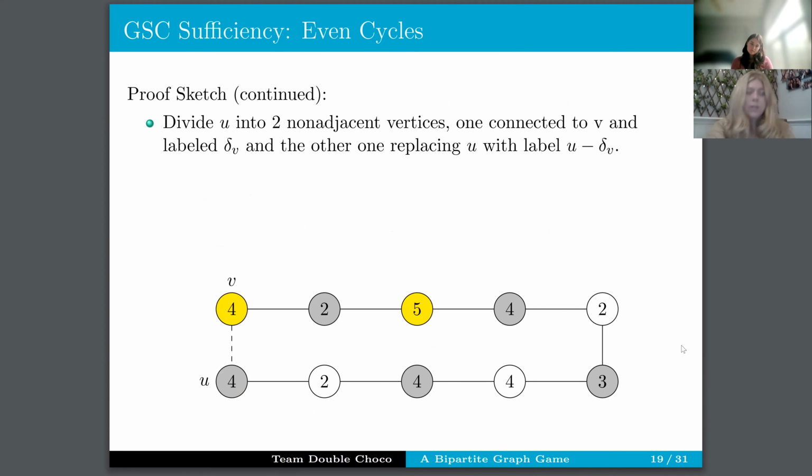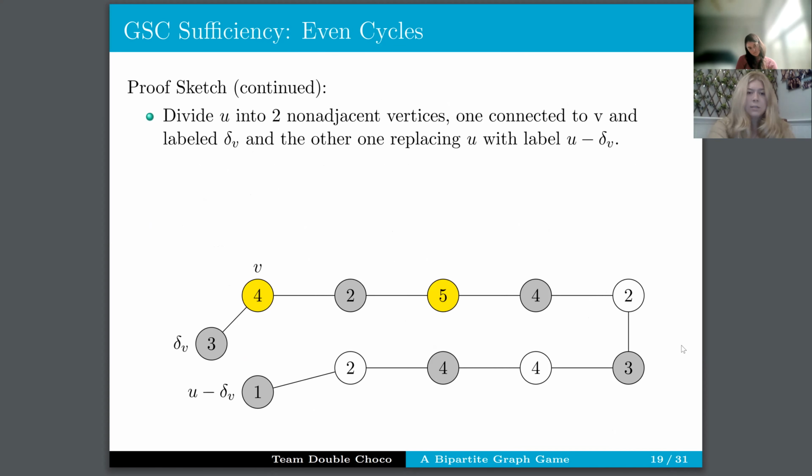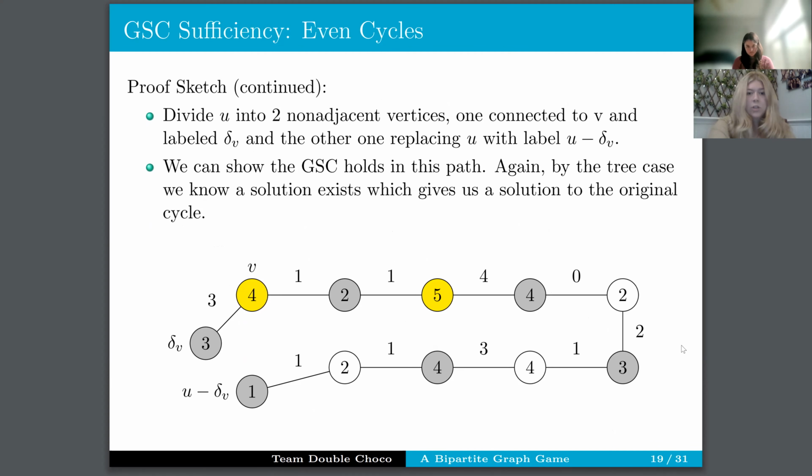We then divide U into 2 non-adjacent vertices, one connected to V and labeled delta sub V, and the other one replacing U with the label U minus delta sub V. We can show that the generalized sum condition holds in this path. Again, by the tree case, we know that a solution exists, which gives us a solution to the original cycle.